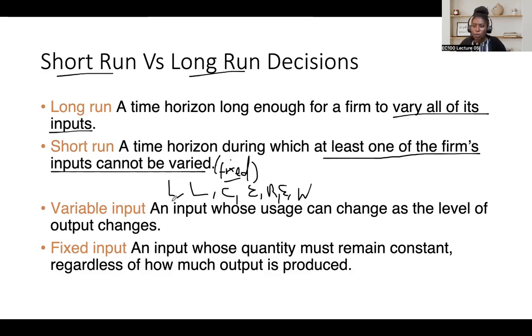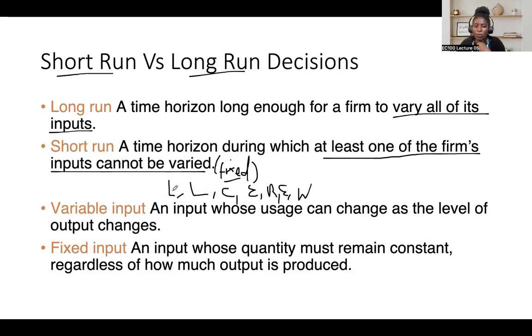It's a time long enough for you to change any of these into any amount you want because you have that time, you have the resources to change. But in the short run, there are some inputs you will change, some inputs will be fixed. So as per our farmers' example, variable inputs are inputs whose usage can change. So all inputs that you're able to change.